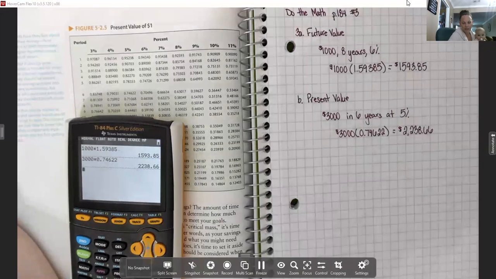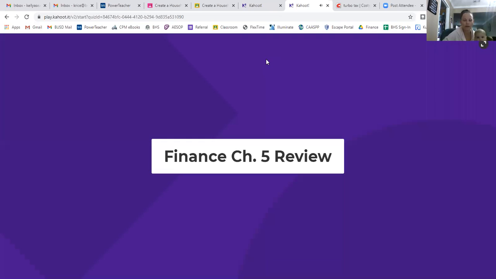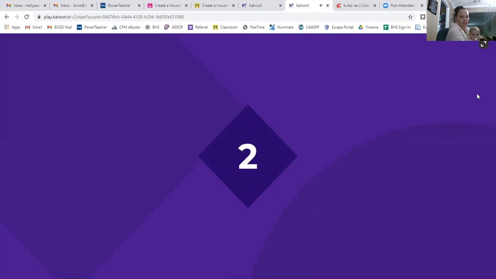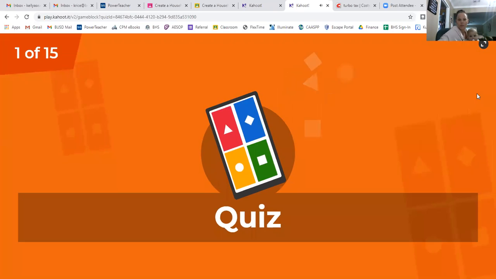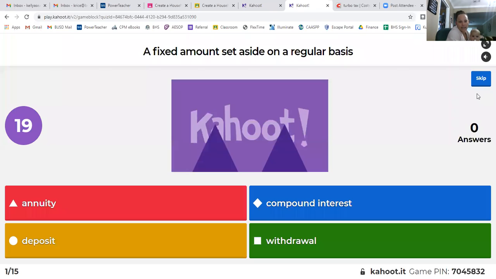All right, so we're going to move on to our Kahoot then. All right, here we go. 15 questions. Number 1, a fixed amount set aside on a regular basis, is that an annuity, compound interest, a deposit, or a withdrawal?